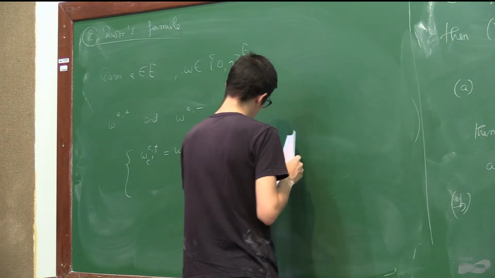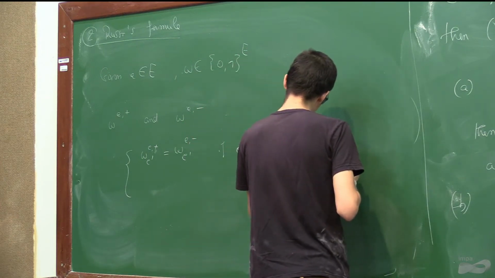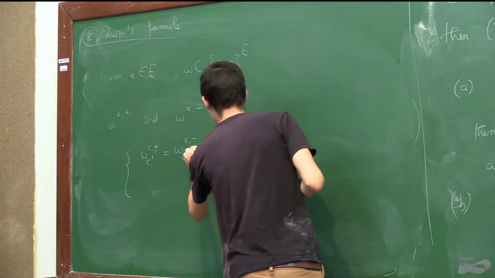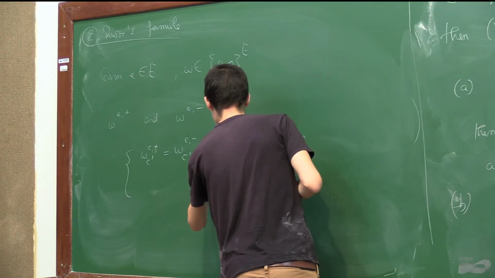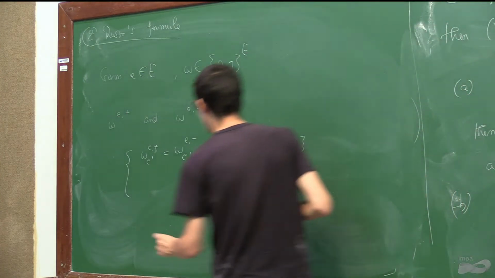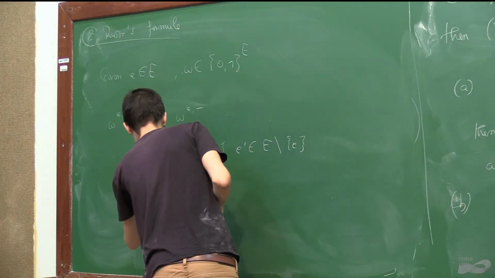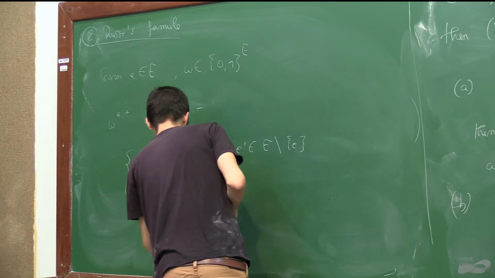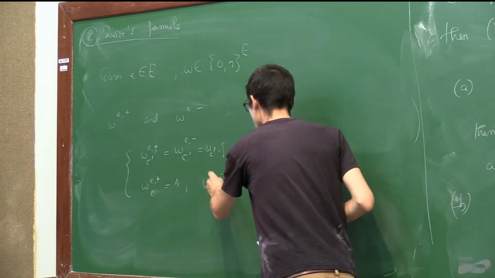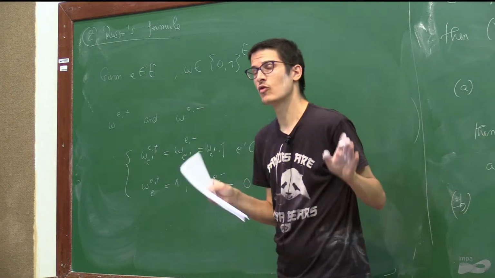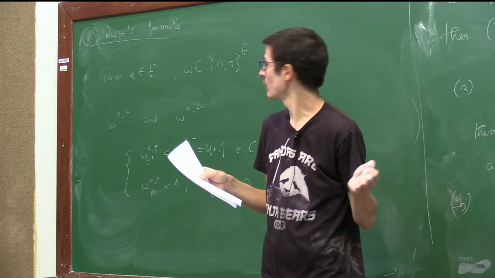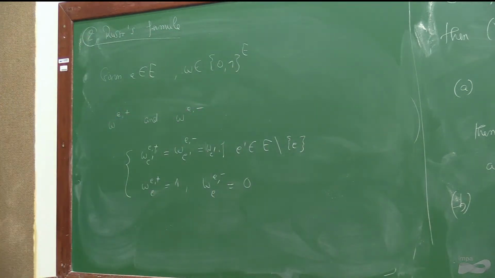For all edges E prime that are not E, the configuration is just given by omega. And what I will have is that omega E plus at E is equal to 1, and omega E minus at E is equal to 0. So omega E plus is just omega where I've opened the edge E, and omega E minus is just omega where I have closed the edge E.